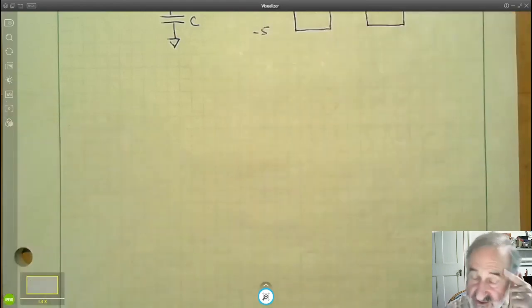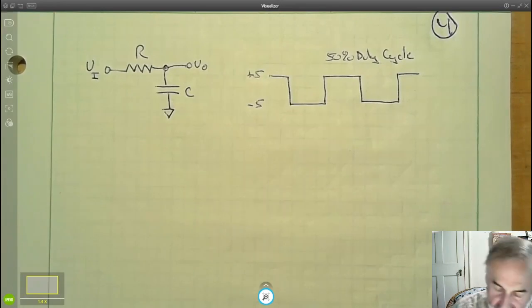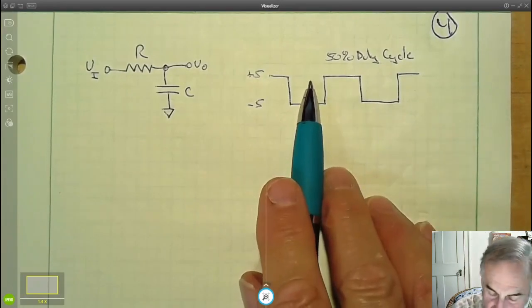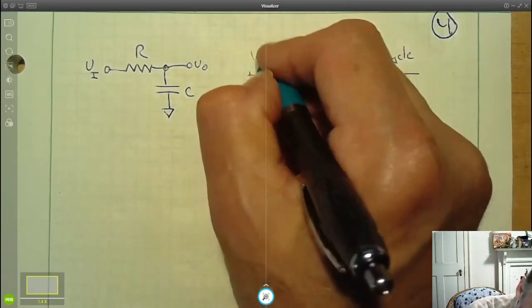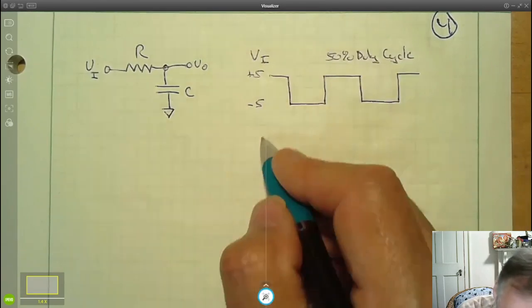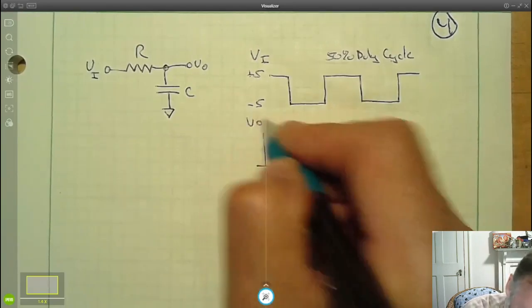Now, 50% duty cycle means that it's high at 5 volts and low at minus 5 volts for exactly the same time. So this is our V in. And let's think about what V out would be.